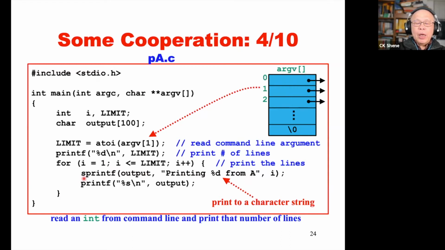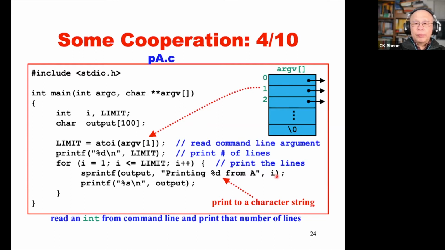Here we use sprintf. In sprintf, the first argument is a character array that is to be used to store the printed output. The remaining two arguments are the editing descriptor, followed by the variables you wish to print.